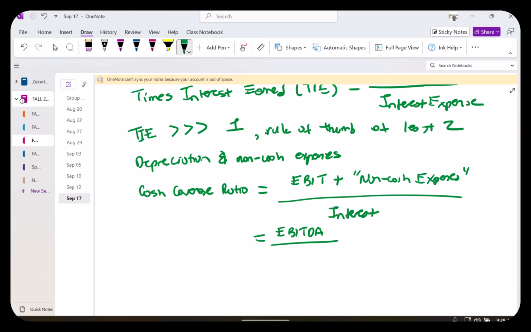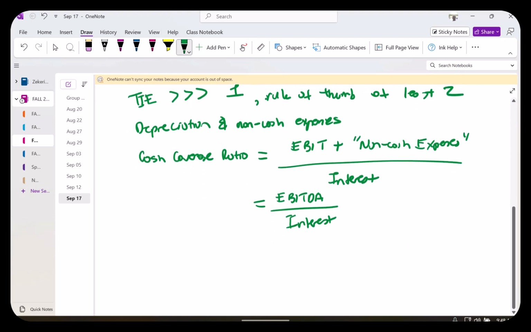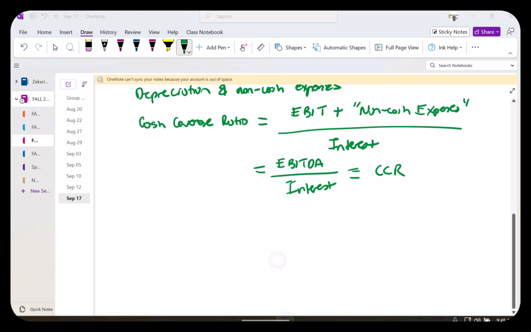Every once in a while, firms take one-time charges. For example, they're restructuring. That is a non-cash expense. They're basically saying we're going to lose money in the future because of this, so I'm taking that charge now. When you're making calculations like these, you should think of those as non-cash expenses, which they are, and account for them. Again, I'm going to abbreviate this to CCR.